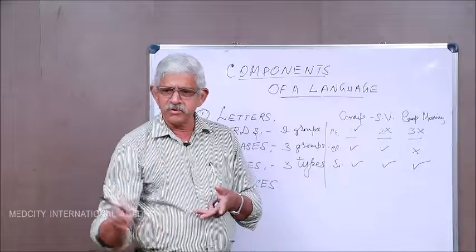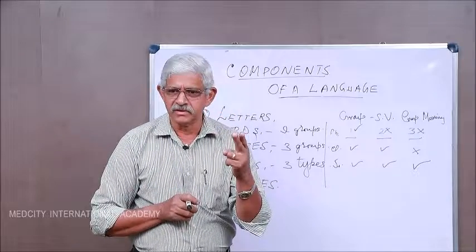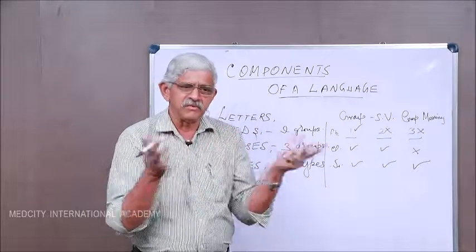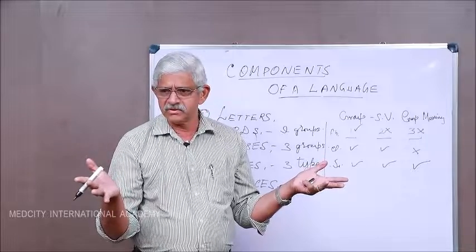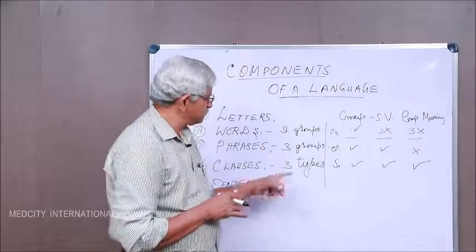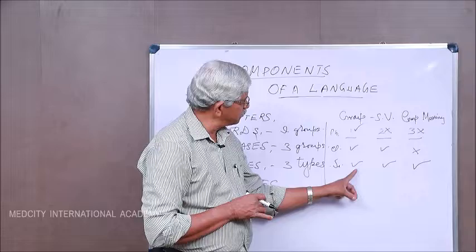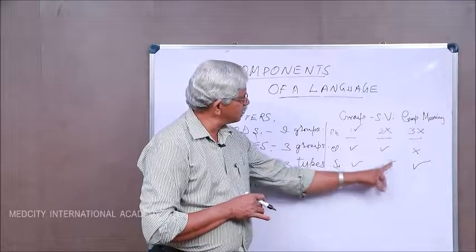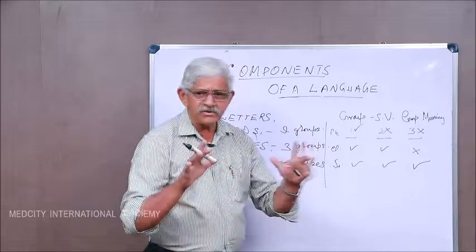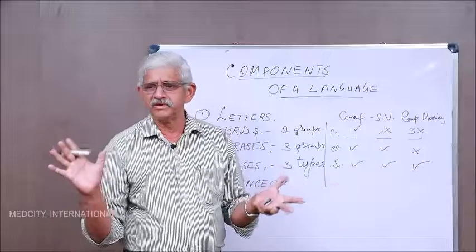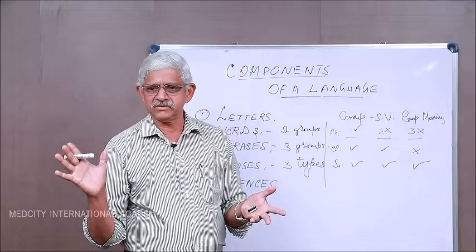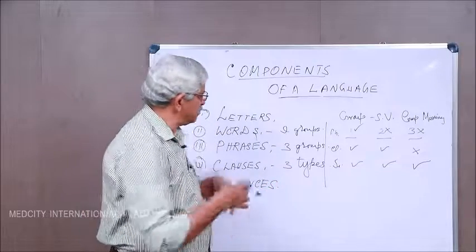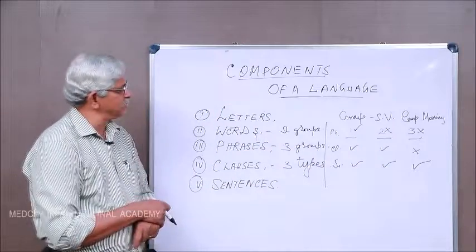It is a group of words, minimum 2 words should be there, and they will be the subject and verb when there are only 2 words. Then it should be a group of words, there should be a subject and verb, and it should convey complete meaning, complete sense. You understand? So, this is what I wanted to tell you.